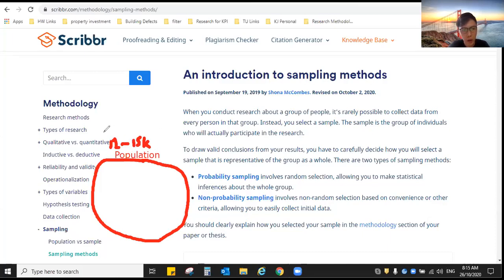My question, can you ask every one of the 12 to 15,000 about their satisfaction with their university? Can you ask every one of them, 15K people? Cannot, right? So what you can do is you will get a sample. This sample has a certain number.